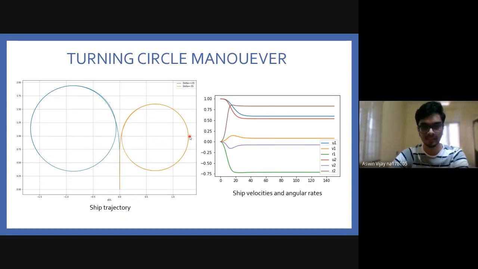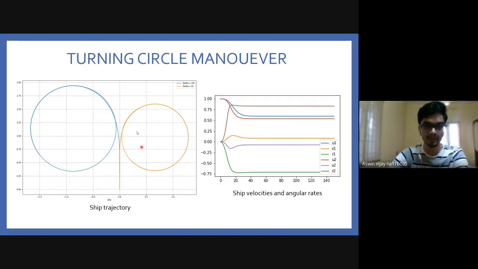As you can see, for a plus 35 degree rudder angle delta, you have a much bigger turning diameter than for the minus one. You can also see the variation in the surge speeds, these two lines. The speed is going from 1; this is non-dimensional, everything is non-dimensional here.